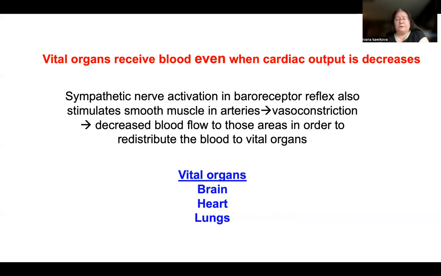So there will be vasoconstriction in that area and decreased blood flow to those less needed organs. Now, this activation of the sympathetic system is happening within minutes, but it also leads to activation of another axis.